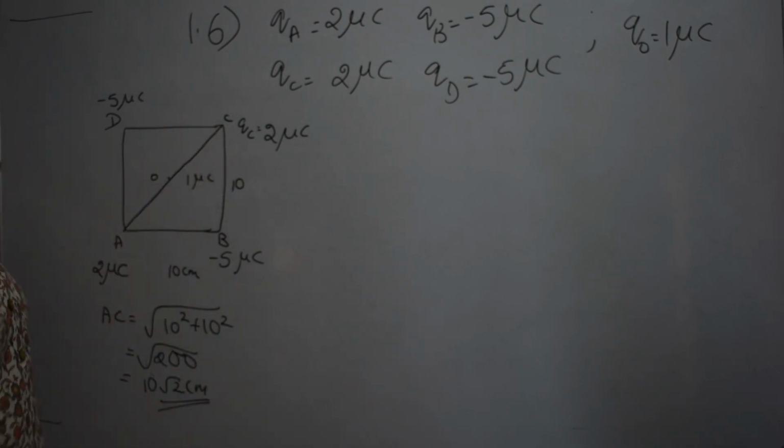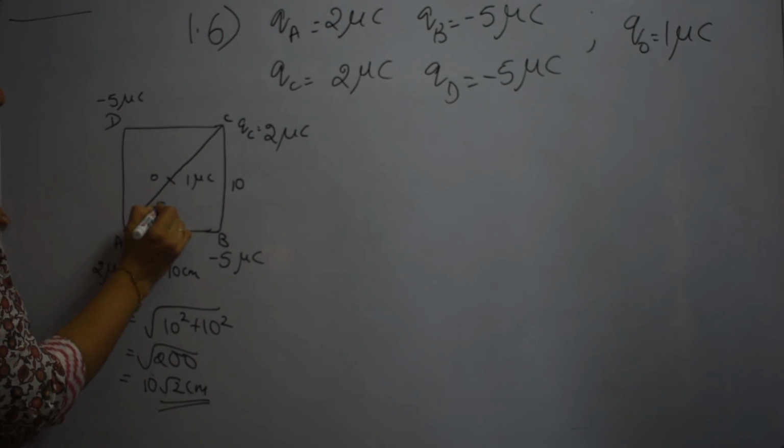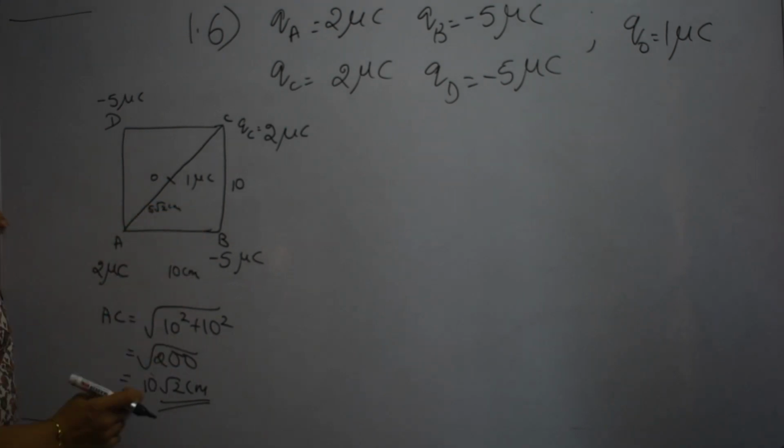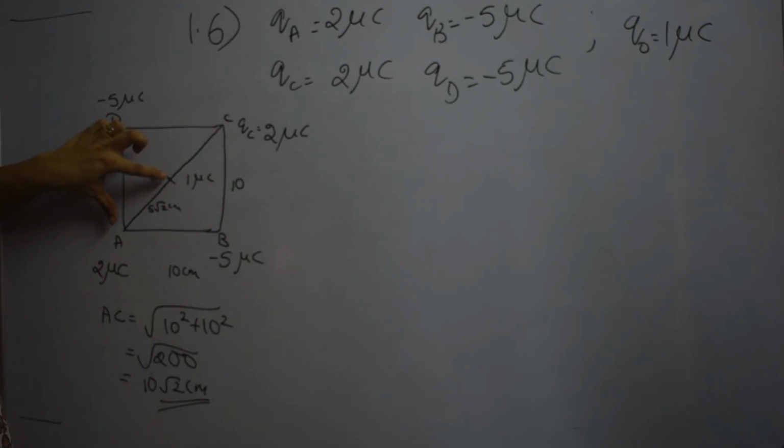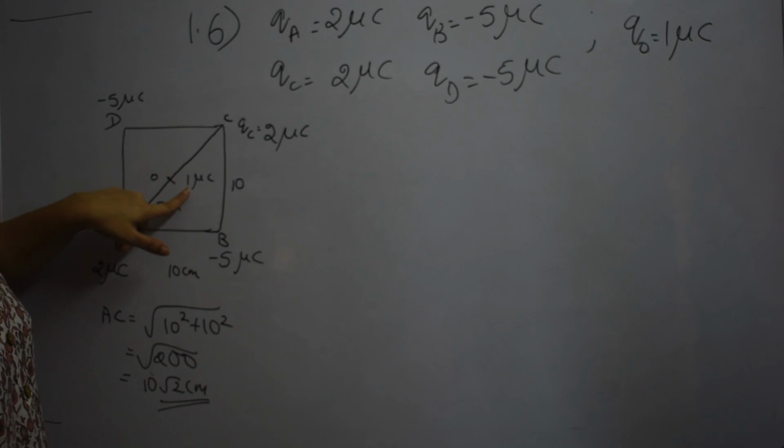AC is 10 root 2 centimeter. So AO will be how much? 5 root 2 centimeter, half of AC. So you have 5 root 2 centimeter as AO. We need only up to here at the center. So you have QO as 1 microcoulomb.